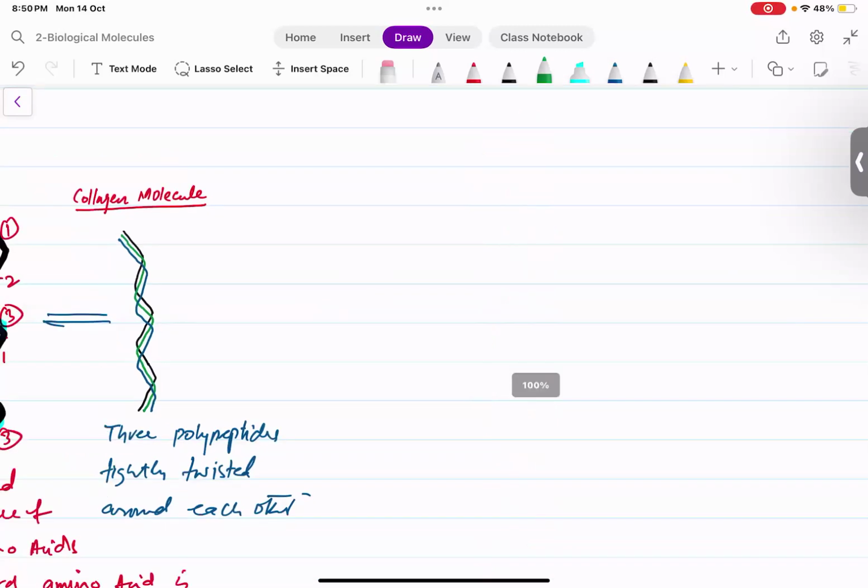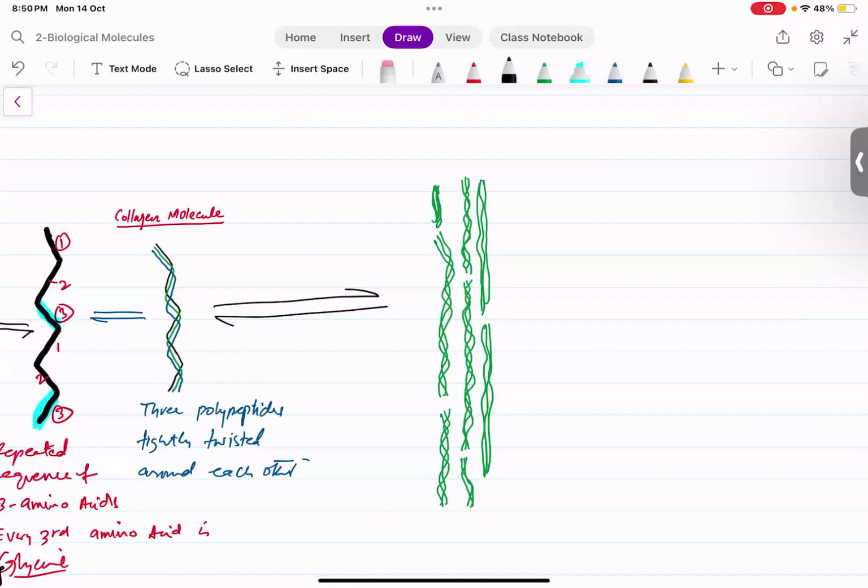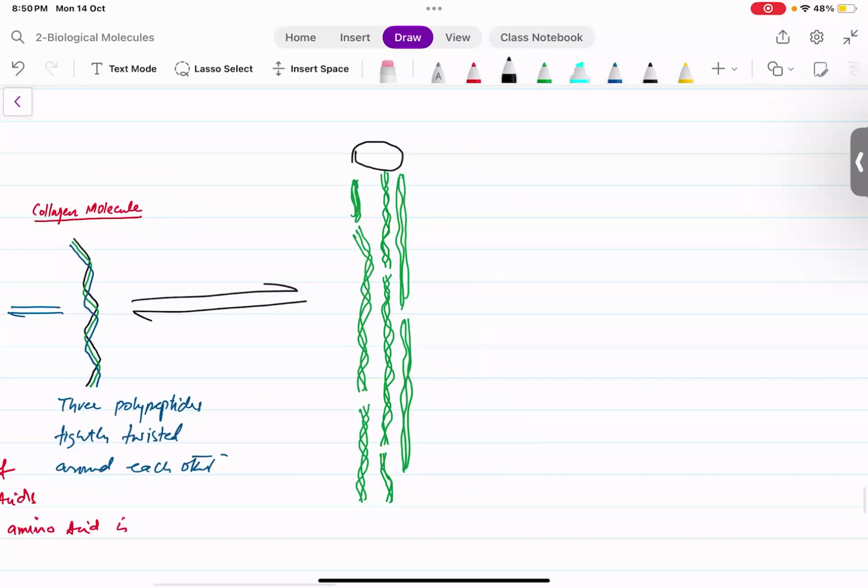You see, these are all collagen molecules that have 3 polypeptides twisted around each other, and these collagen molecules are held parallel to each other in a collagen fiber.